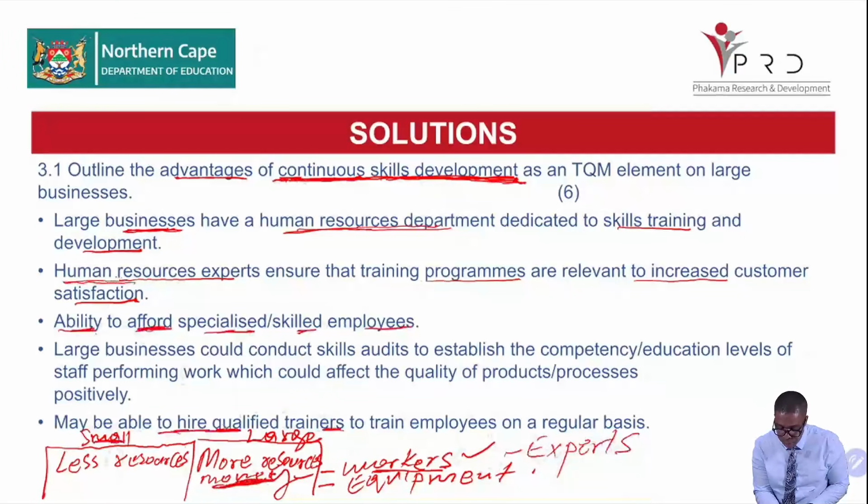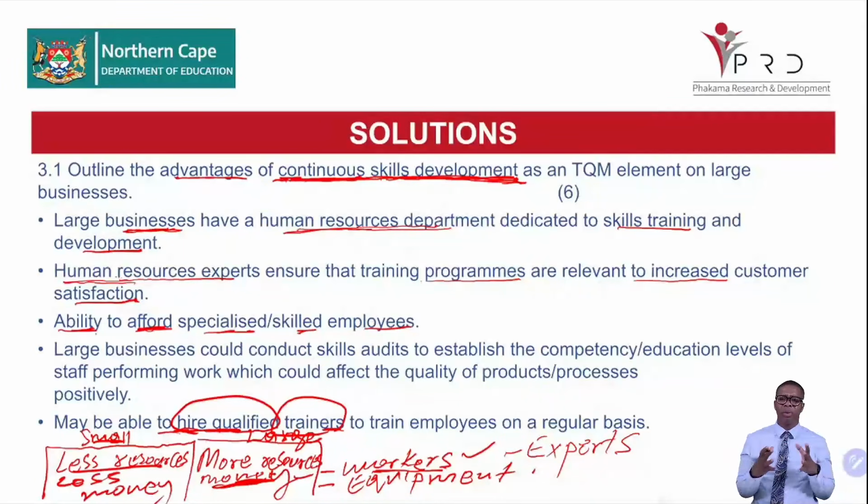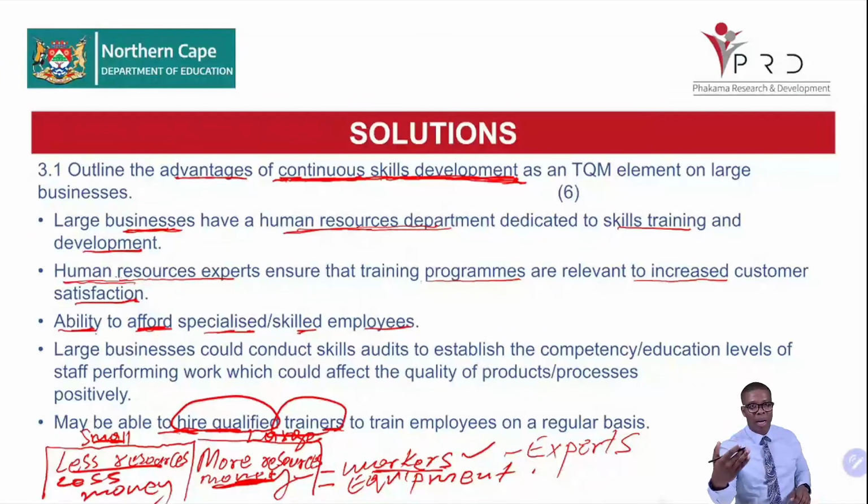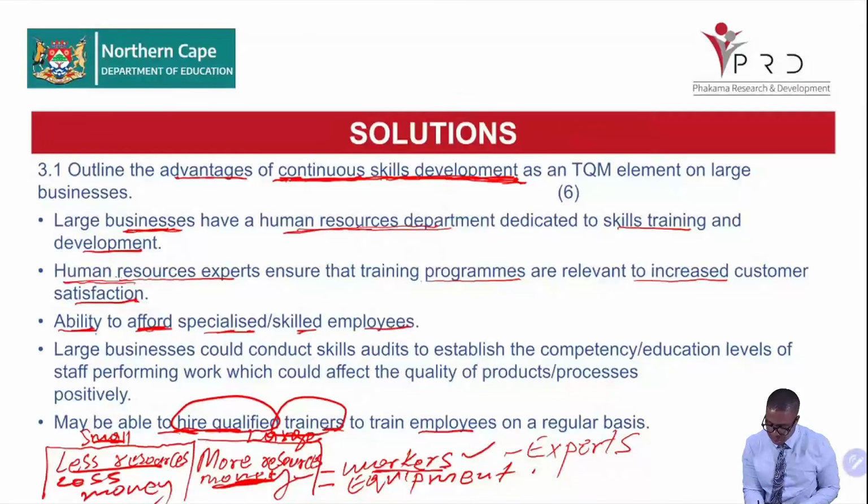Can a small business with less resources, with less money, be in a position to hire a qualified trainer? They cannot, because a small business has less money, but a large business has more money, more resources, more workers to be able to train employees on a regular basis. But it will not happen for a small business.